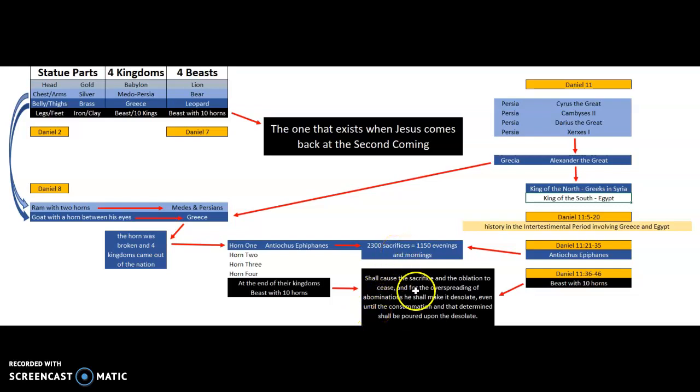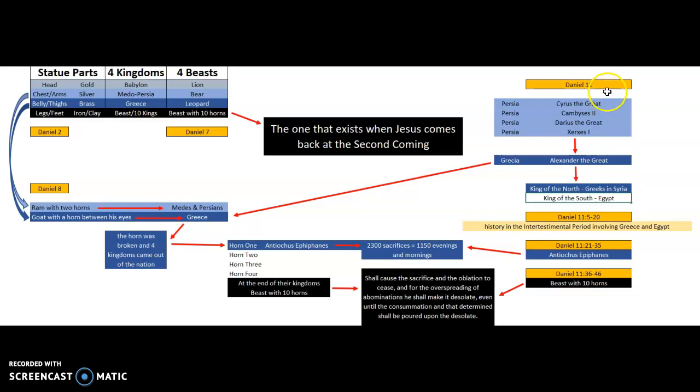Antiochus Epiphanes and the beast with the 10 kings are both talked about in Daniel 8. They are also both talked about in Daniel 11. When next we meet this imagery, there is a sequence of historical events that is given in Daniel 11. And you're going to see 3 of the 4 kingdoms mentioned in this sequence.